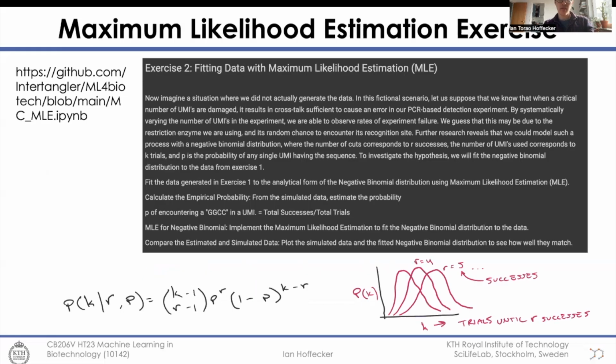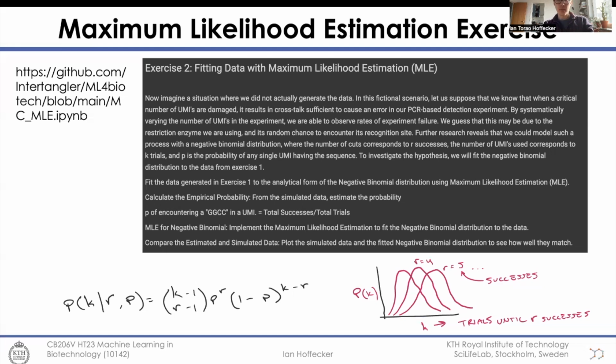And so here we have an exercise. This is a follow-up to the previous exercise where we generated random nucleotide sequences, or UMIs, and checked to see if they have the GGCC sequence in them, which would mean that they could get cut by a restriction enzyme.